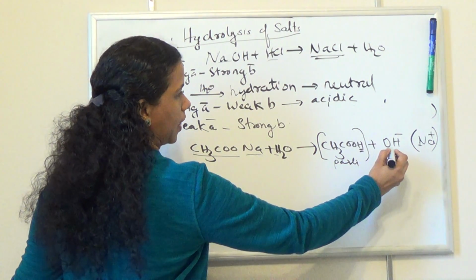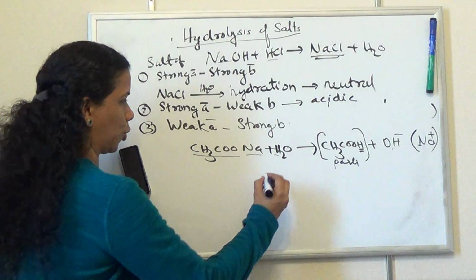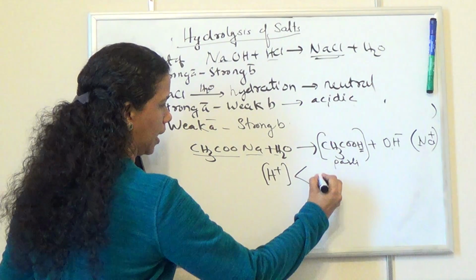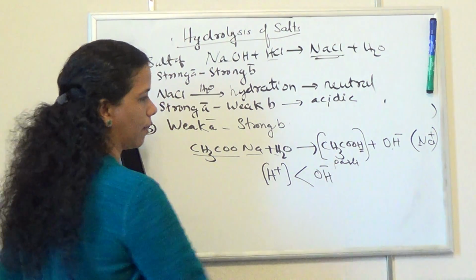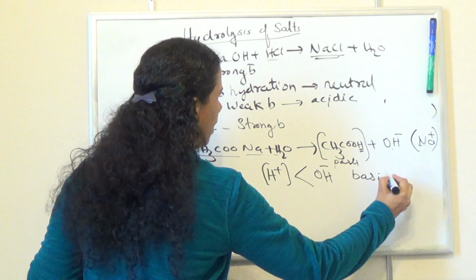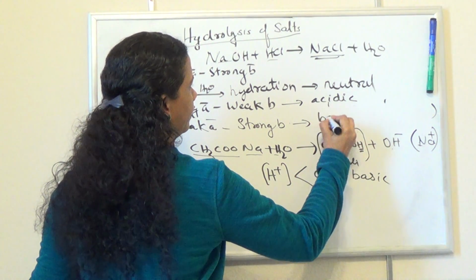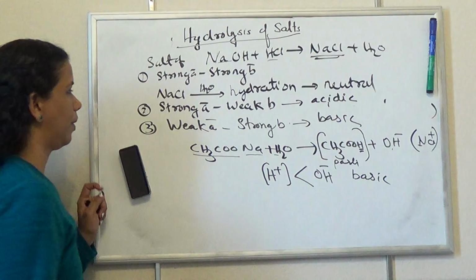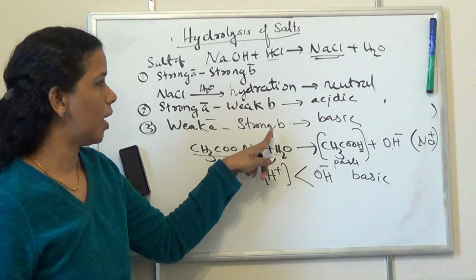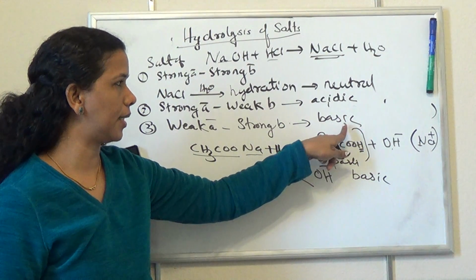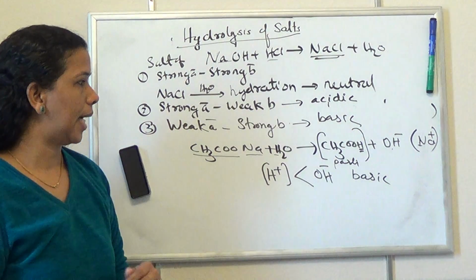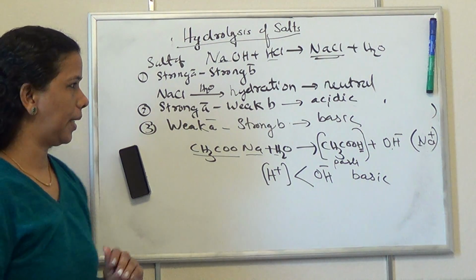So H plus concentration will be less and OH minus concentration will be greater. So the solution will be basic. So for a salt of a weak acid and a strong base, on hydrolysis, the resultant solution contains more OH minus ion. So that type of solution will be basic.